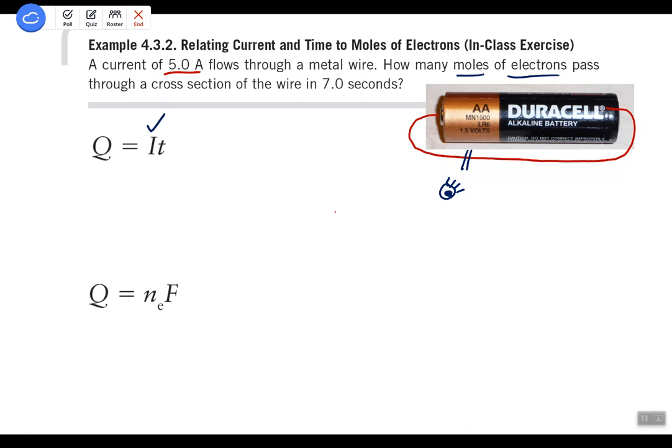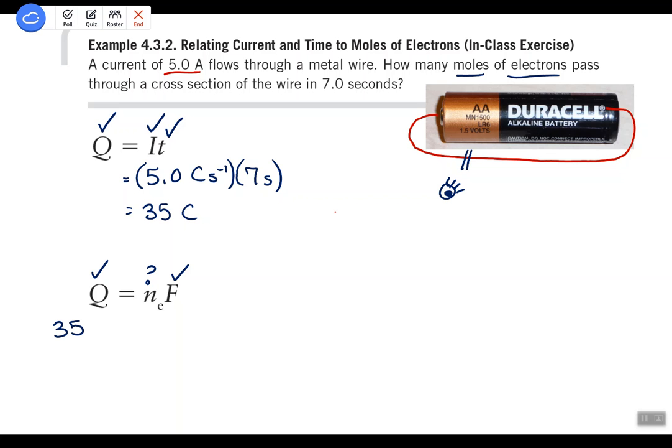Well, I'm given current, 5 amps. I'm given seconds. That allows me to solve for charge. If I know charge, and I always know Faraday's constant, I can solve for the moles of electrons. So let's go ahead and do that. Now the current is in amps, but for unit purposes, I'm going to show how my seconds factor out, which gives me 35 coulombs of charge, which would go by in 7 seconds.